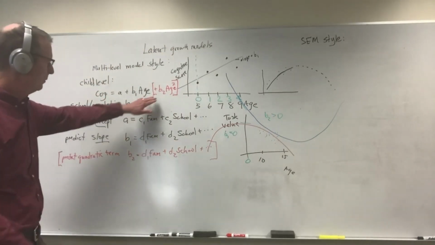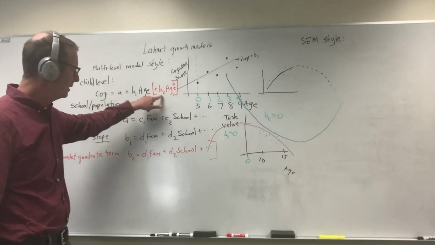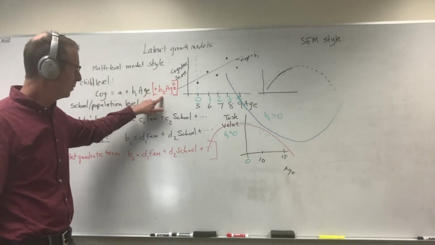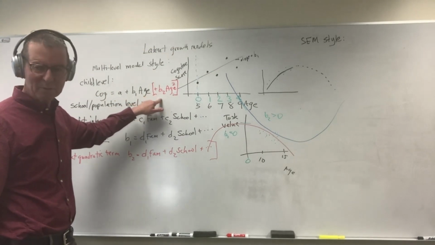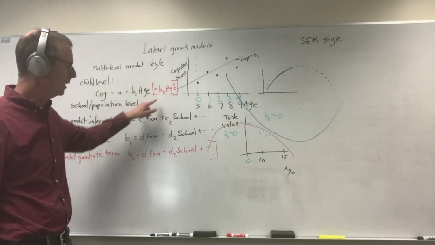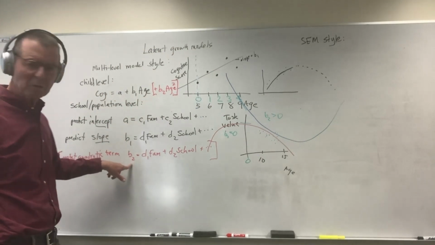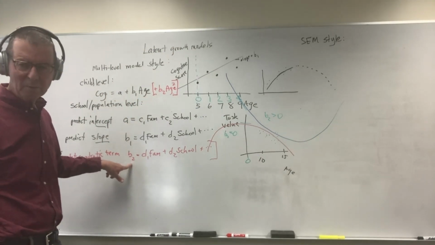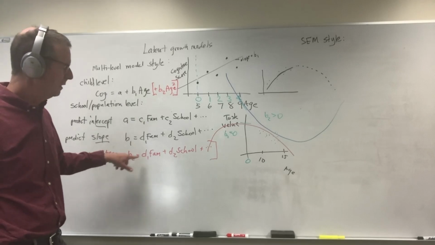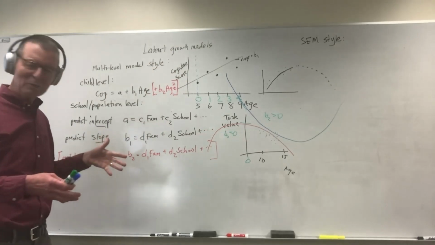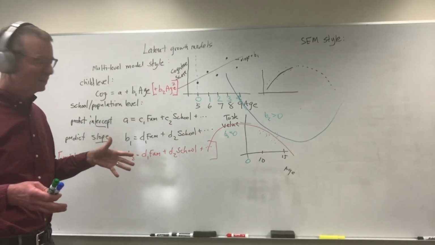So in this first level, you're estimating a big positive B2 value for one child and a big negative quadratic for the other child. And then you're plugging in both of those values into this equation and trying to make sense out of it.